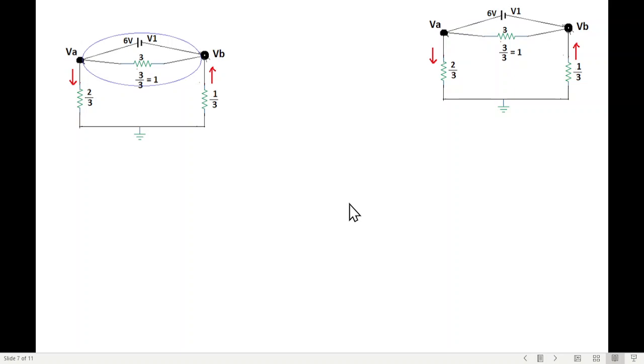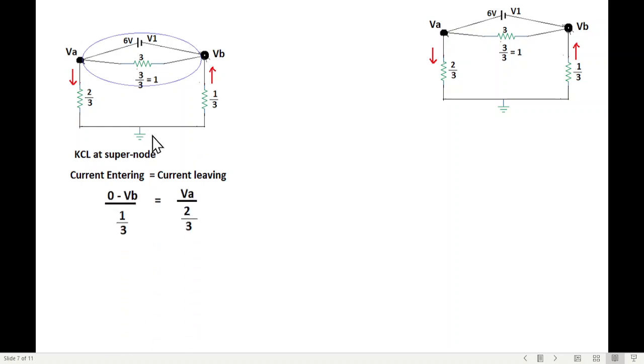Okay, and now if you recall, this is a battery source between two nodes. So we have to apply the super node technique, if you remember. So this whole will be considered one node, and we'll write the KCL equation. KCL is current entering equals current leaving. So this is current entering, this is leaving.